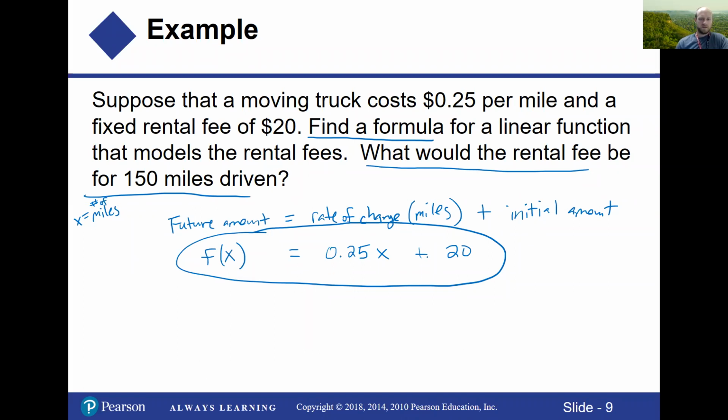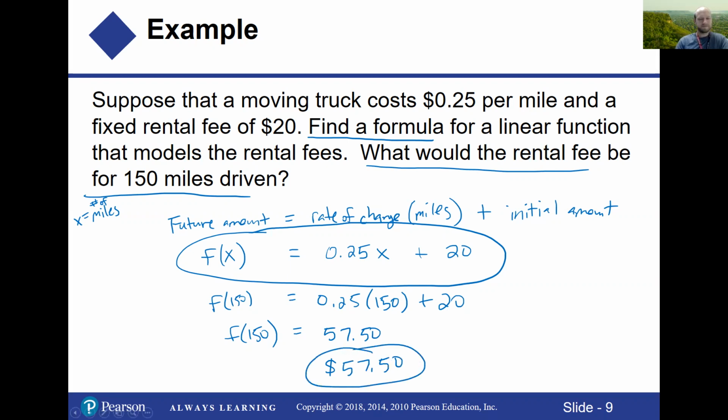If I drive 150 miles, what is the cost of that? Well, I would just take the 150 and plug it in anywhere that I see an x. You can do that on your calculator quick. I took a little shortcut and solved it, but that would be 57.50 if I drove 150 miles in this scenario.